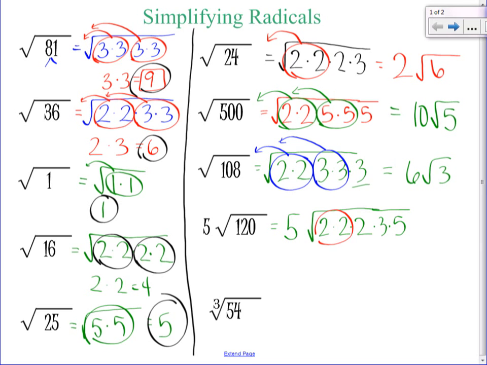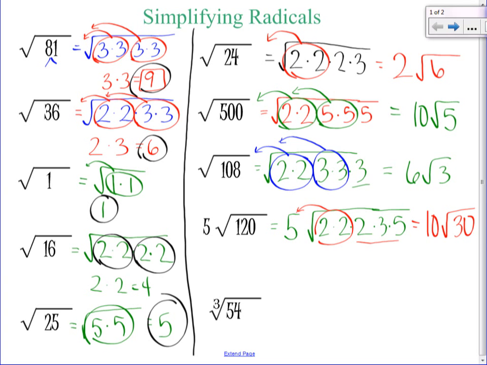There's only one pair of numbers that match. We take this out, what are we going to do? Times it by 5. So we really get 10 root 30. It really helps if you circle what you're taking out. That way you know exactly what's left over underneath that root still.